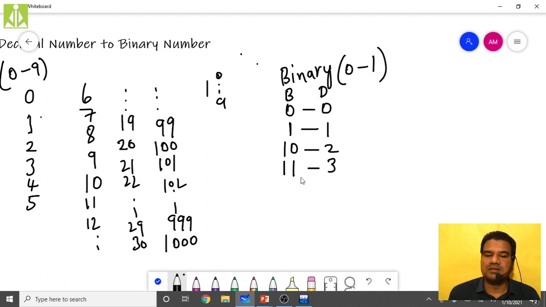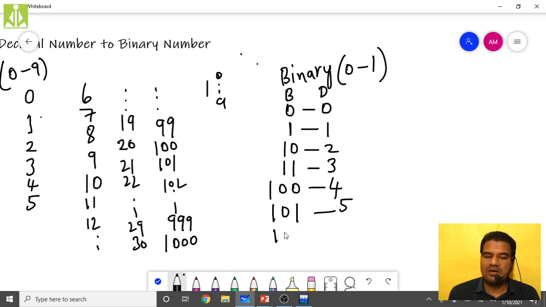Again, we used 0 and 1 and ran out, so we increase one more place. By increasing one more place, we put 1 0 0. So 100 is 4. After 100, we get 101, and this is your 5.